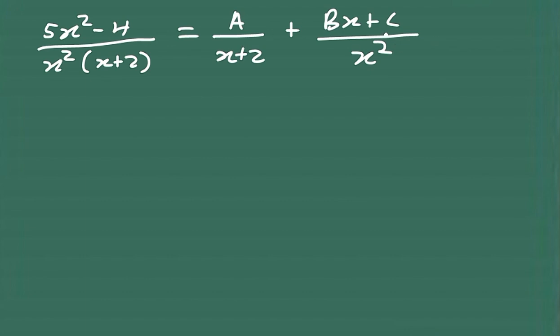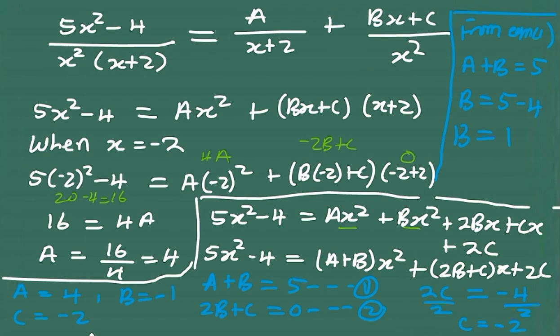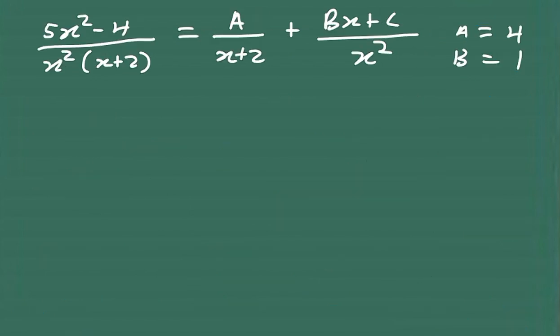So substituting the values of a, b, and c. Recall we found a to be positive 4 and b to be positive 1 and c to be minus 2.